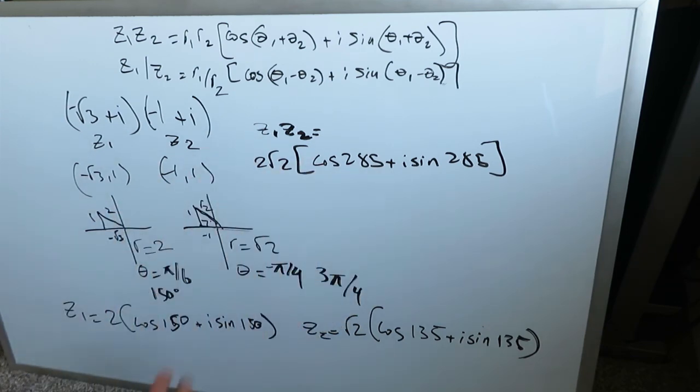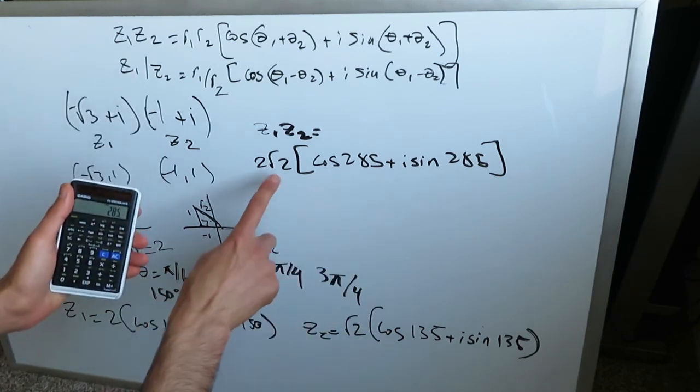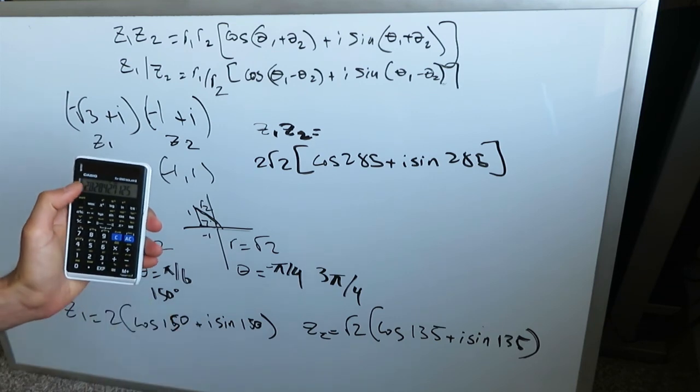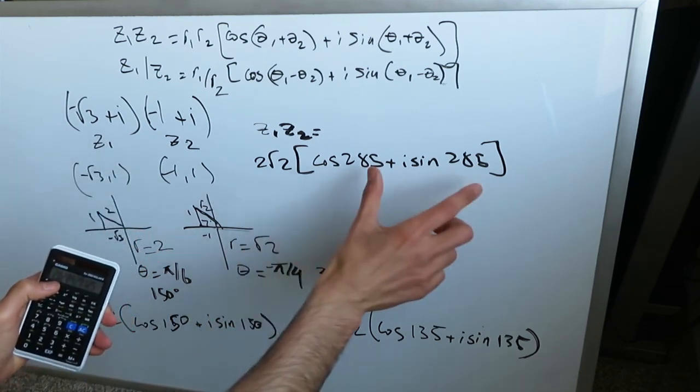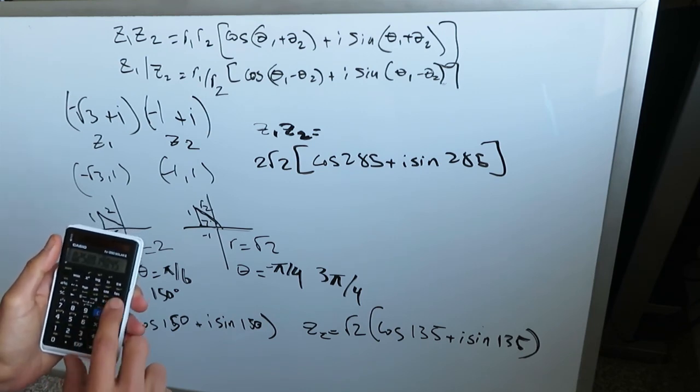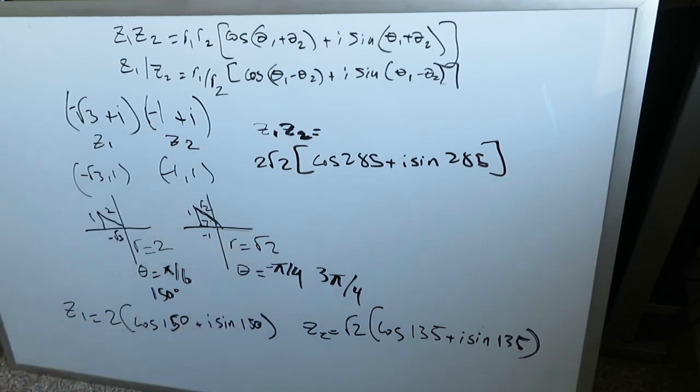But you can do all of this and get a decimal answer. I'm going to do 2 root 2, and I'm going to save that in my memory. 2 multiplied by square root of 2 is 2.828. Then I'll individually multiply in here and present your final answer. 285 cosine will be positive. Multiplied by that 2 root 2, I get a 0.732.